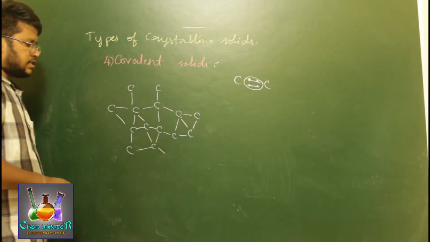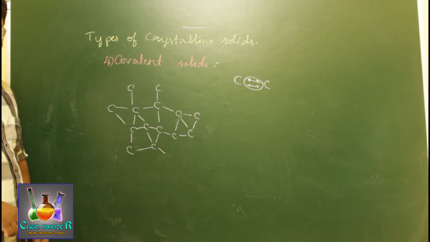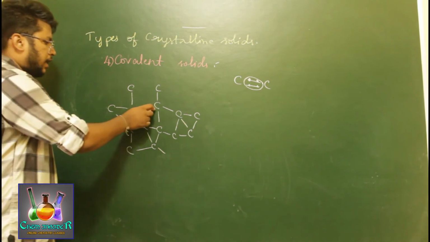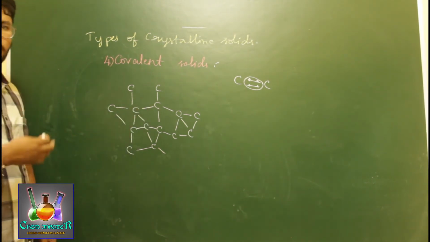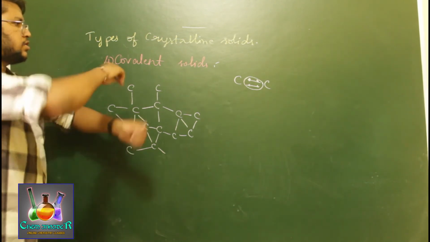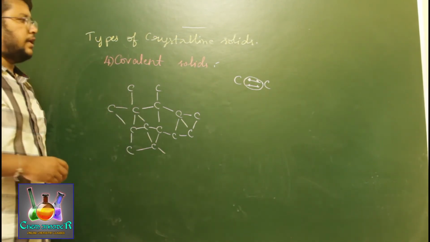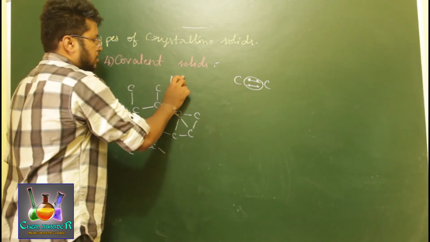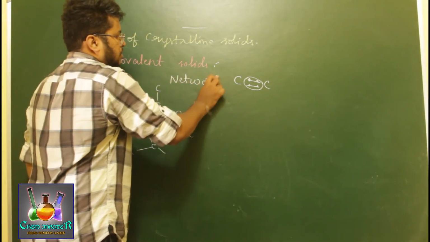This bonding increases to a very high number, which results in a network-like structure. Hence, covalent solids are also called network solids.